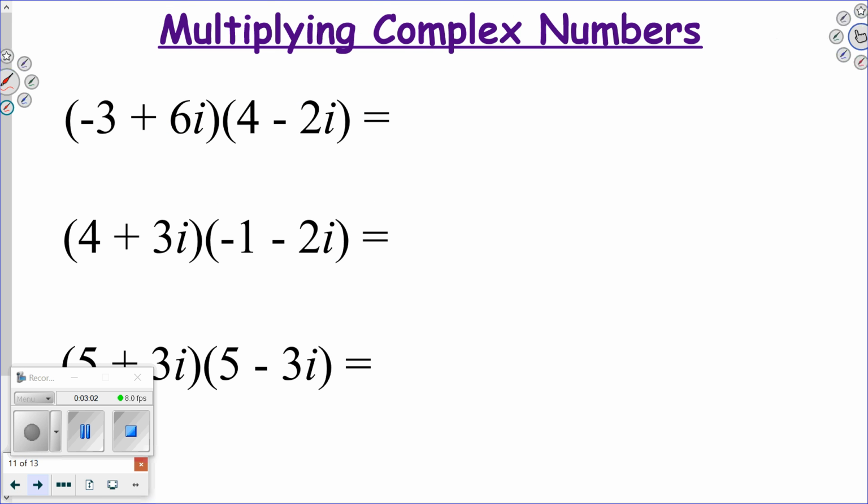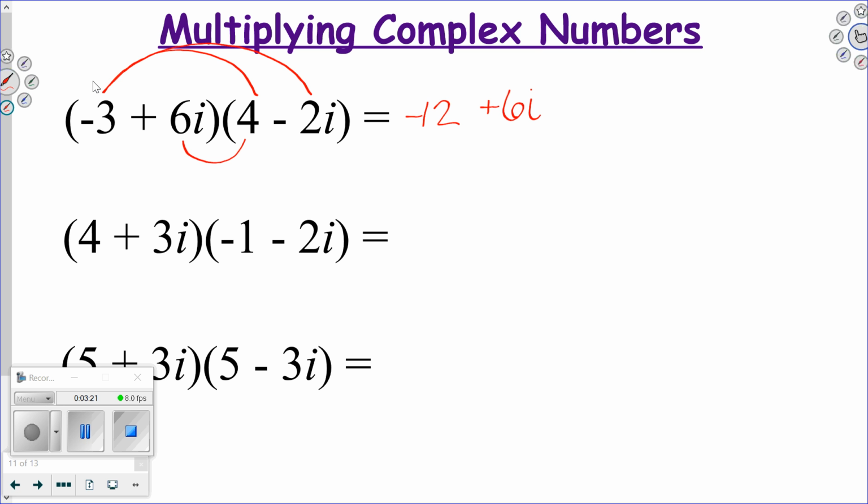All right, so we'll just get in a little bit more practice in here. We have, going to distribute -3 times 4. It's -12. -3 times -2i, let's say +6i.